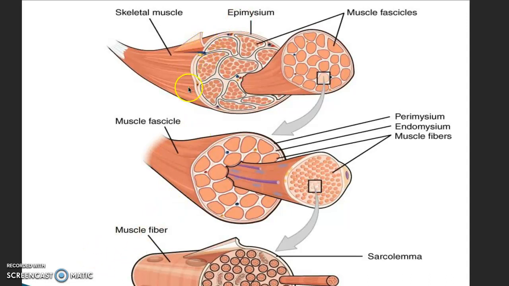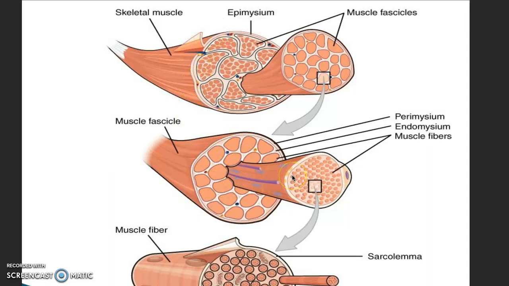It surrounds it, and inside is the muscle fascicle, which is bundles of fibers, and wrapped inside that is the perimysium. Mysium is basically the same thing, just a different layer. And then this is wrapped in the endomysium, just like the epimysium, but inside that layer is endo.